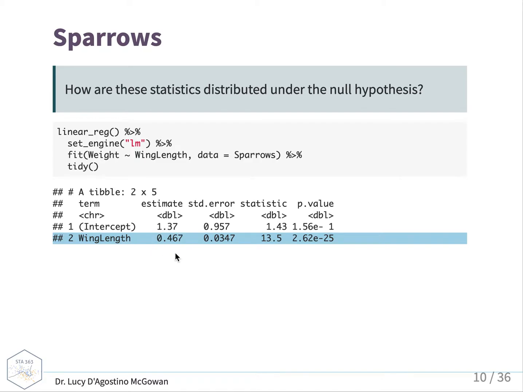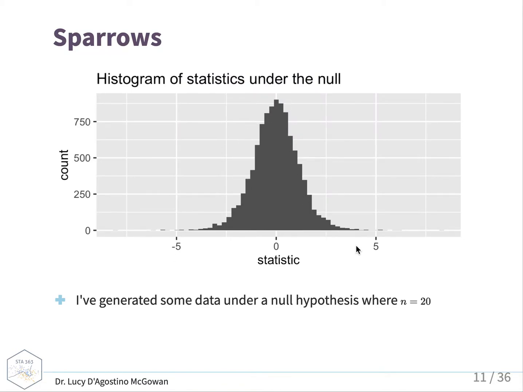That's my null hypothesis. And if that was true, we would still expect there to be some sampling variability. We would expect that if we sampled 116 birds and the true relationship between wing length and weight was 0, we would still see some deviation from 0 just based on sampling error. And that's what this histogram is here.